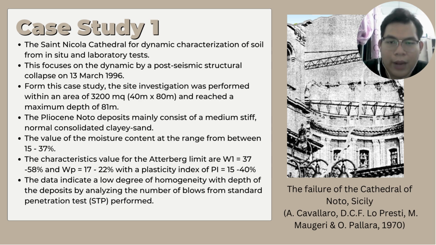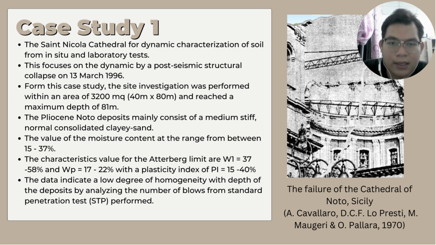The Pliocene natural deposit mainly consisted of medium-stiff and normally consolidated clay and sand. The value of the moisture content ranges between 15 and 37%.